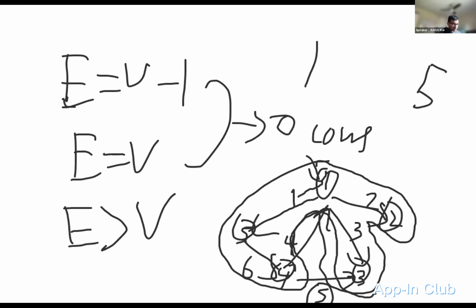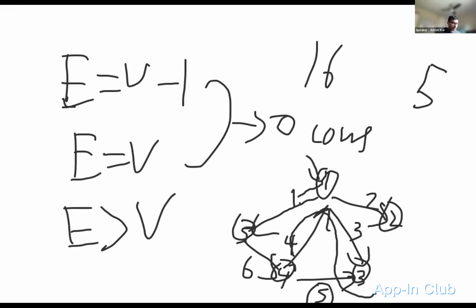So 1, 6, 4, 3, 2. This would be a valid permutation, because if we do a DFS from the root node of the tree, all the edges match up with a corresponding vertex.